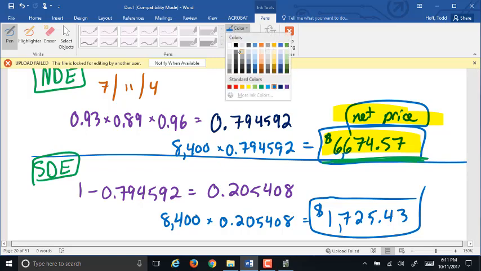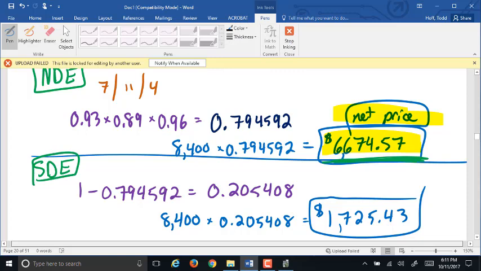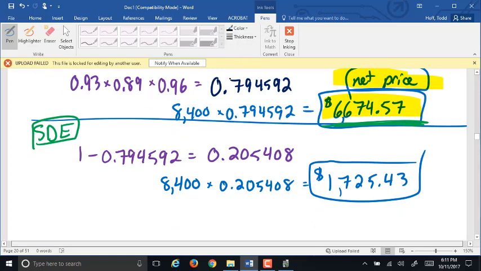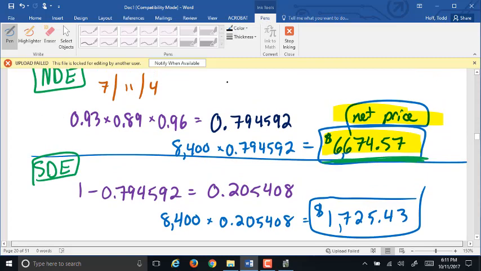I'm better off not using the calculator. Any questions there? No? Good. That's the amount of the discount, yes. So that's the actual amount of the trade discount.